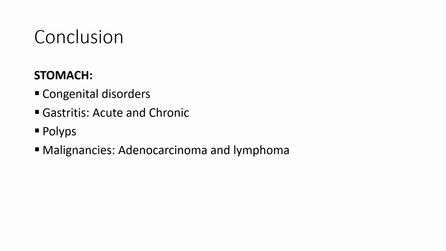Gastric adenocarcinoma is the most common malignancy affecting the stomach, followed by gastric lymphoma, and gastric MALT lymphoma is the most common type of lymphoma affecting the stomach. In the next lectures, we will move on to the small and large intestines.